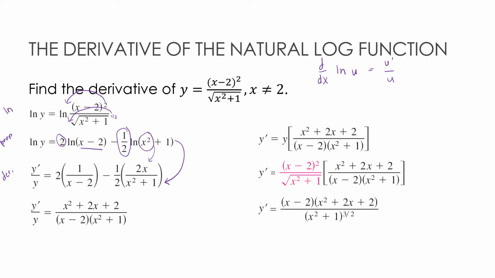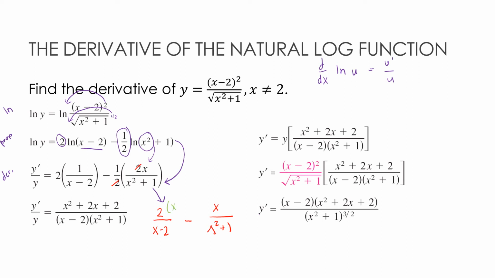From here, it's algebra. We're just simplifying. So notice, and the step I didn't show in between here and probably should have, is I rewrote this guy as 2 over x minus 2, and I rewrote this guy as x over x squared plus 1. And then I wanted to be able to write the whole thing as one fraction.